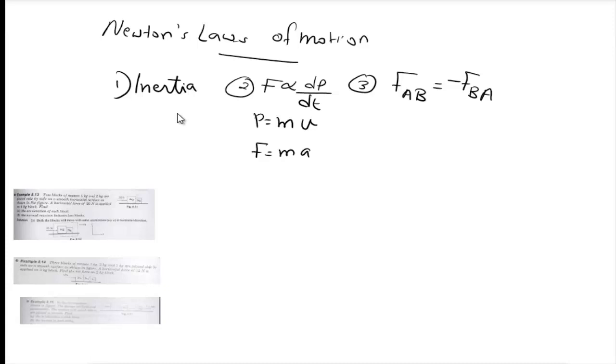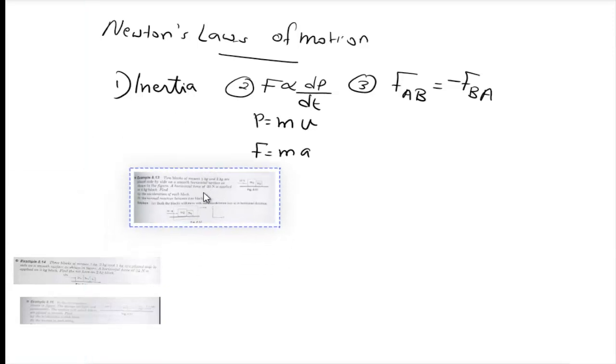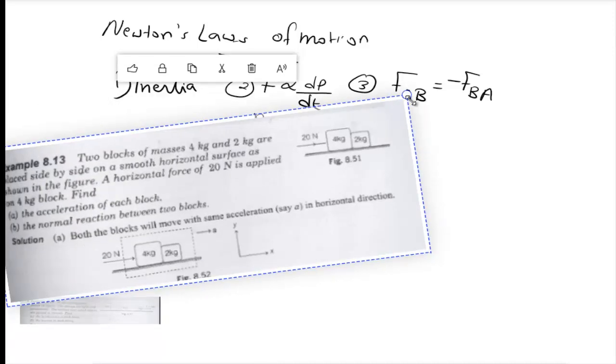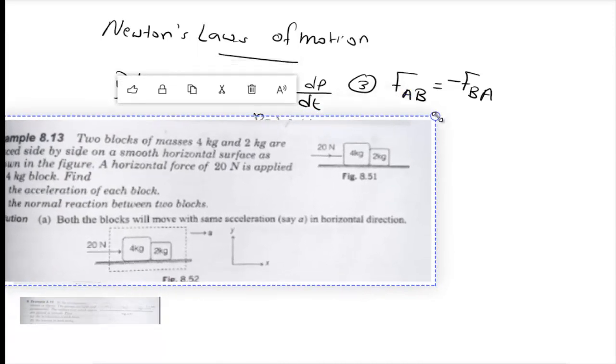Now, in the numerical part, how will we work with Newton's laws of motion? For that, first we are going to consider some example questions, to see how we can solve this kind of question.